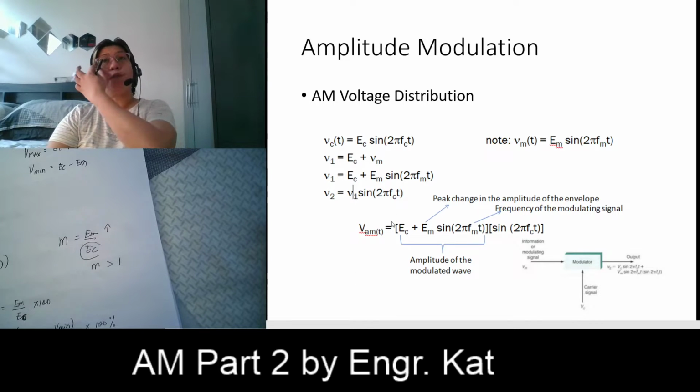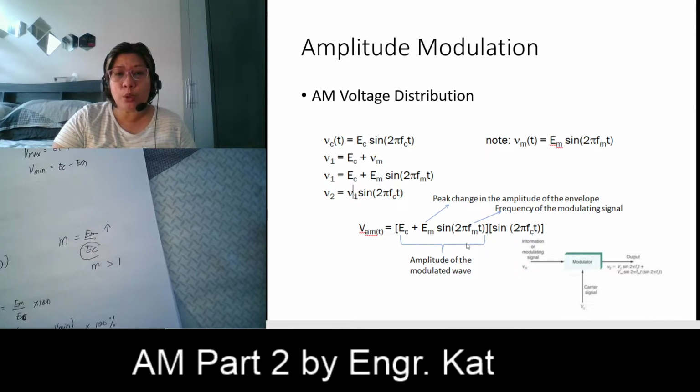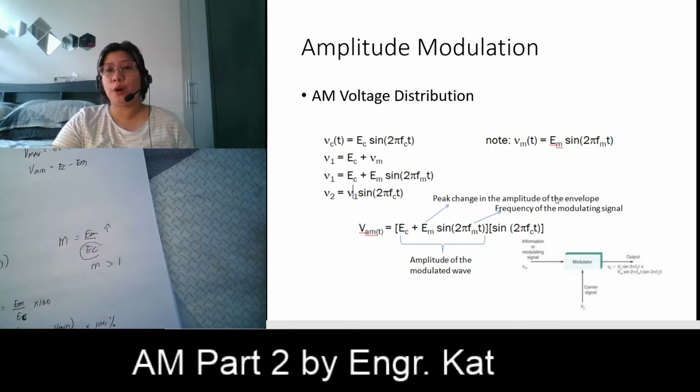So the equation for your AM signal now becomes EC plus EM sine of 2 pi FMT, which is your entire V1, and then we have here your sine 2 pi FCT. This whole thing here is the amplitude of your modulated waveform. This EM here is the peak change in the amplitude of the envelope, and this is the frequency of the modulating signal.